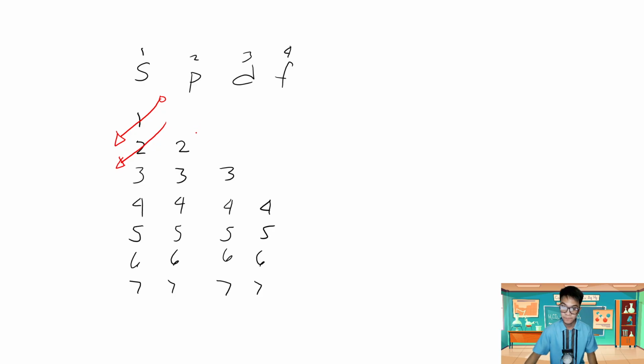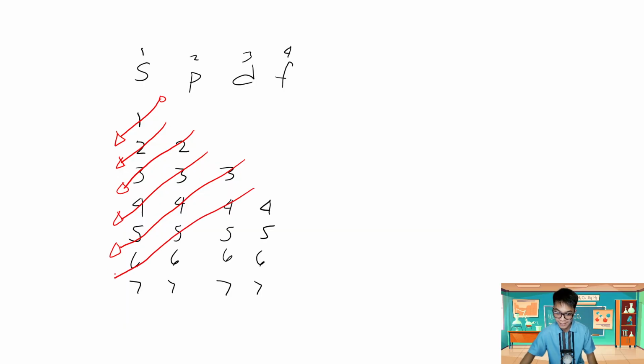And so on and so forth, this will be the process. 2 and 3, then 3 and 4, then 3, 4, 5, and then 4, 5, 6. So basically, we're just drawing lines here.